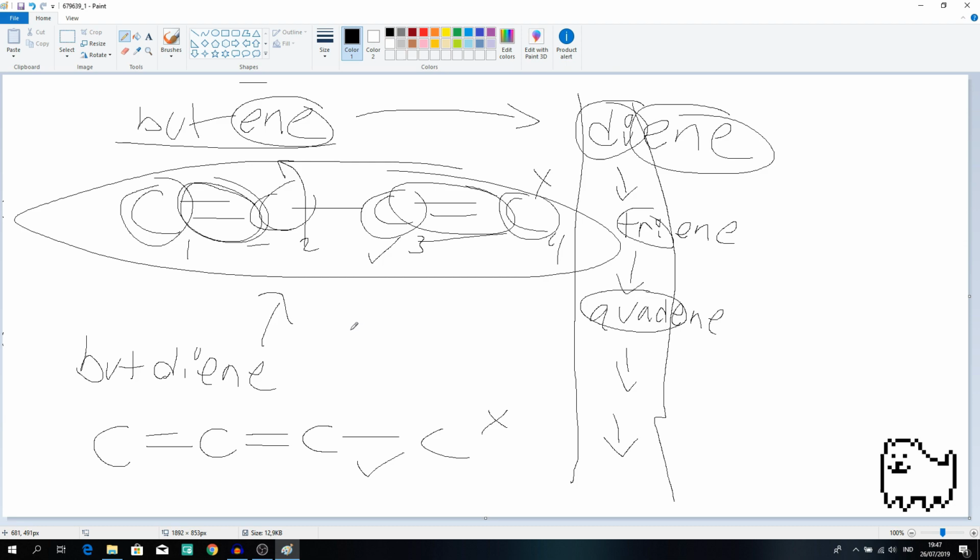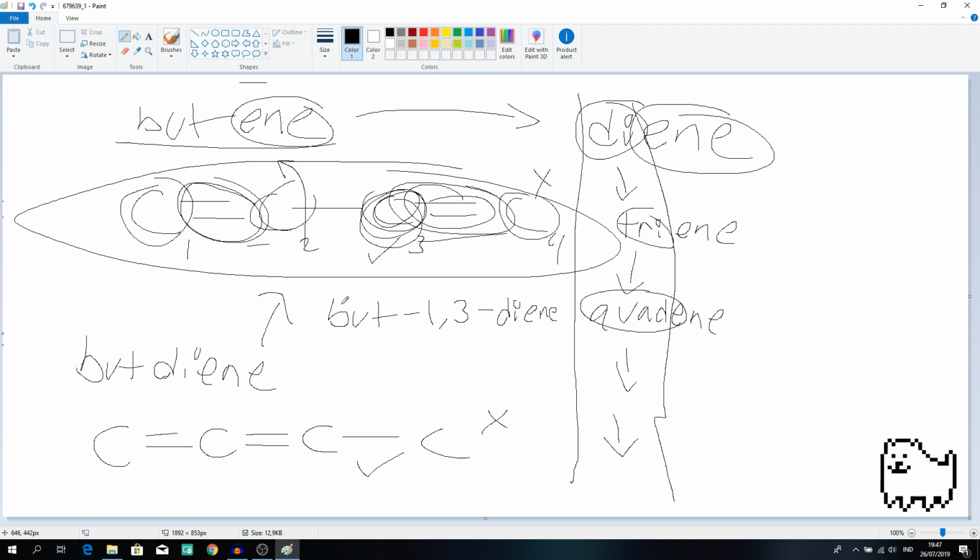So this should be called buta-1,3-diene: 1 to indicate that the first double bond is in carbon 1, and 3 because the second double bond is in the third carbon. We don't use 4 because that's a higher number. We can use 3, that's easier, that's more practical, that's the correct way. So buta-1,3-diene.